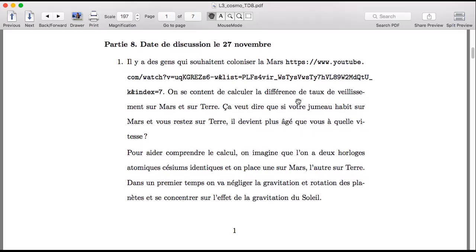even the phrasing of this sentence might strike you as strange. Calculate the rate of difference of aging on Mars and on Earth. That might be misleading in the sense that there's no advantage of living on Earth, barring biological effects, in that you somehow age more slowly.